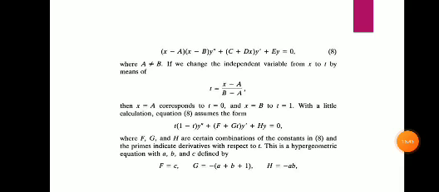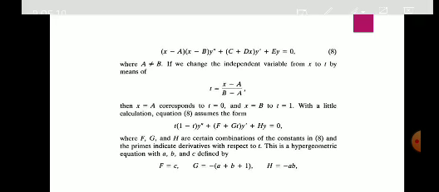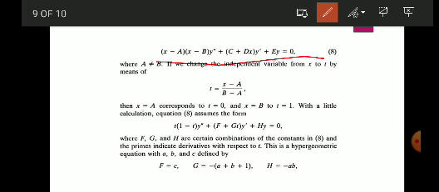Finally, consider the equation of the form (x - a)(x - b)y'' + (c + dx)y' + ey = 0. Then we put t = (x - a)/(b - a).